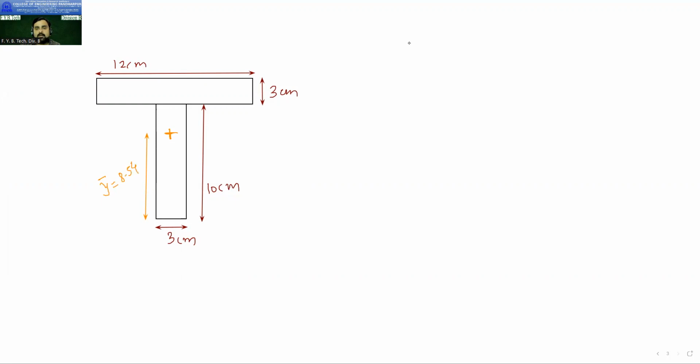And your x bar will be from this point here. This is the x bar. And this x bar is how much? 6 centimeters. So this is the point.